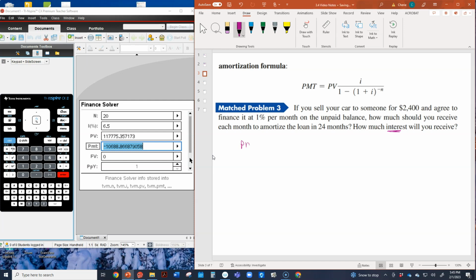The payment can be calculated by taking the amount that you're loaning them, and the formula uses the interest rate. Now, this caused me some trouble at the beginning because they don't normally give us the percentage per month. They normally give us the percentage per compounded year. They usually say yearly or monthly or whatever. But this time they said it's 1% per month.